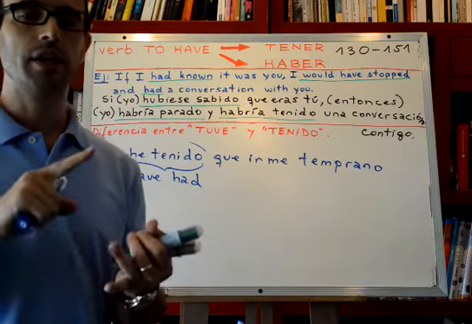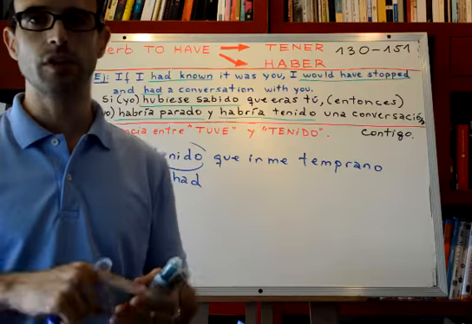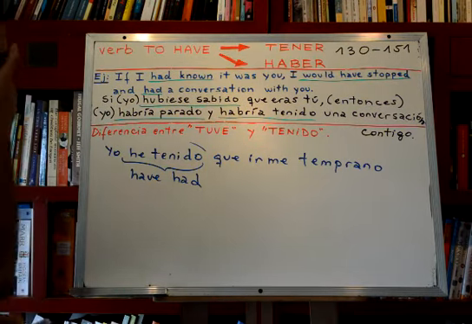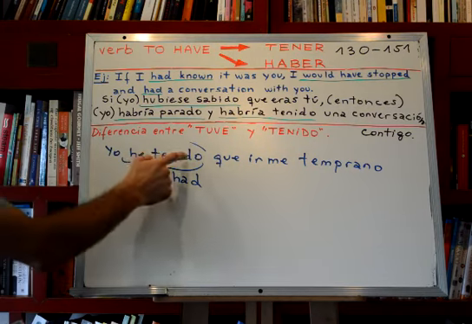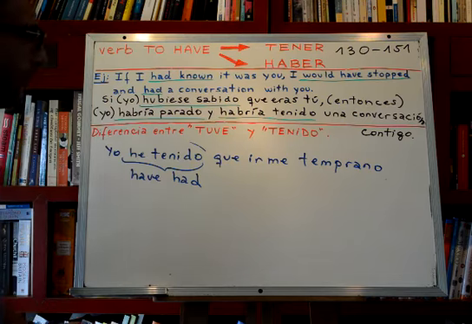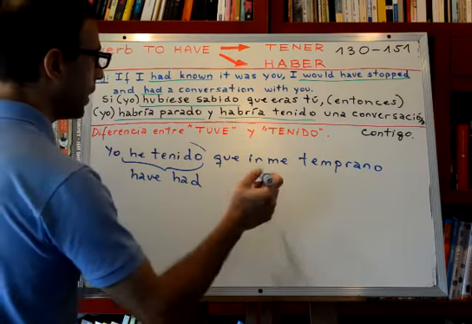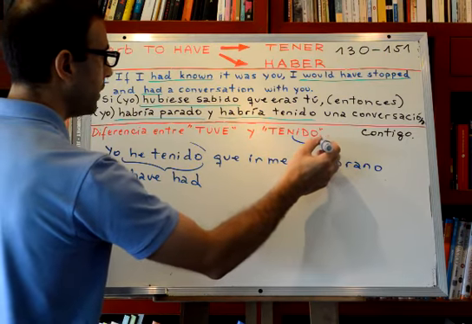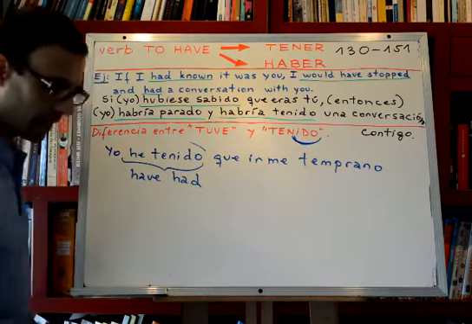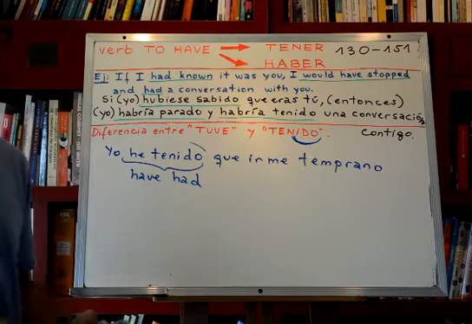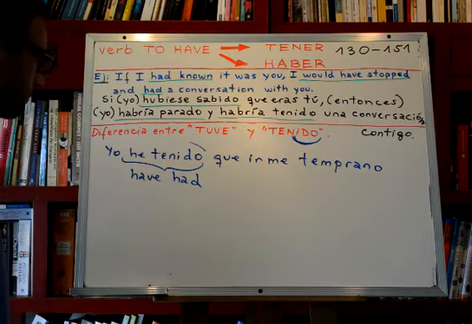Can be I, you, he, she, it, we, they, you, okay? Good. Él ha tenido, okay? Tenido will remain the same. So, when in doubt, remember that all the verbs that end in ido are a past participle of the verb, right?